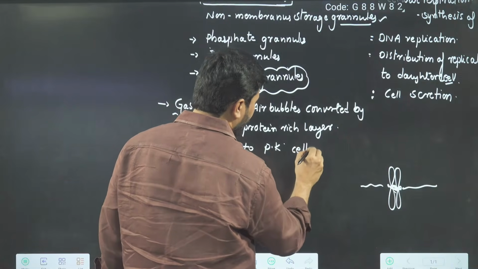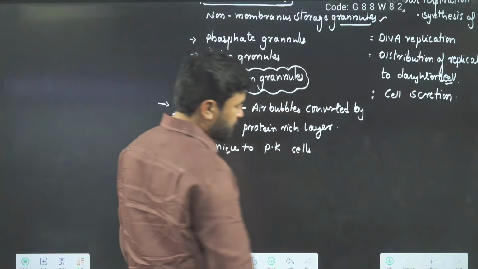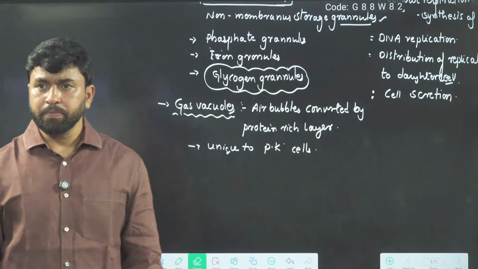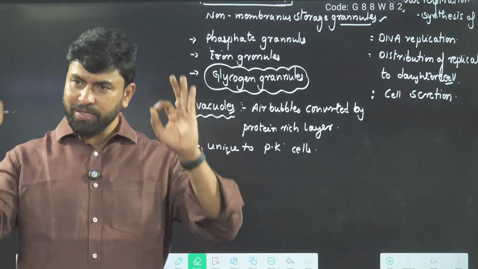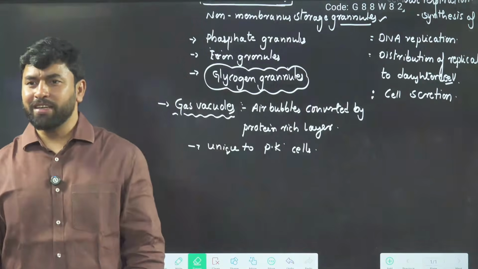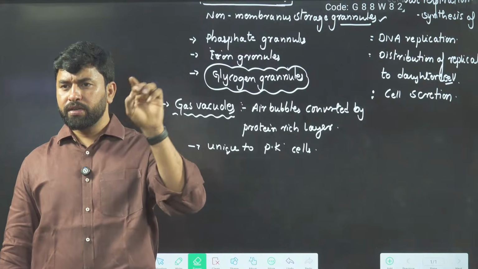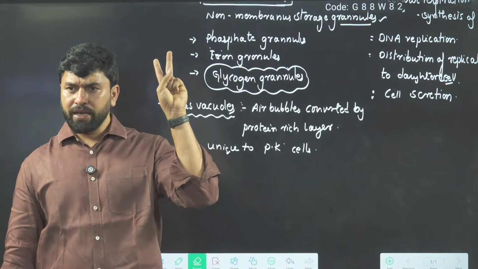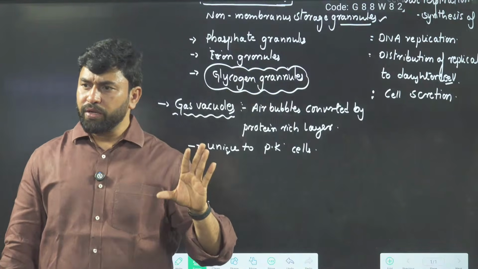You will never find gas vacuoles in any kind of eukaryotic cell. Somewhere else if you find gas vacuoles, be careful. That organism is nothing but a prokaryotic cell, because in a eukaryotic cell you will find three types of vacuoles: sap vacuole, food vacuole, contractile vacuole. Nothing else in a eukaryotic cell.